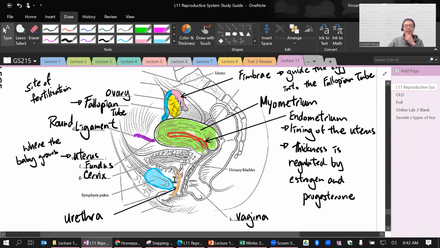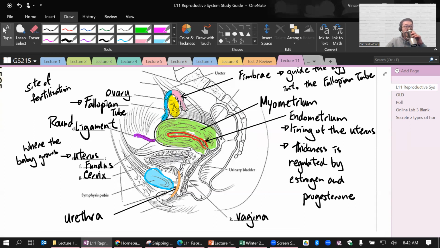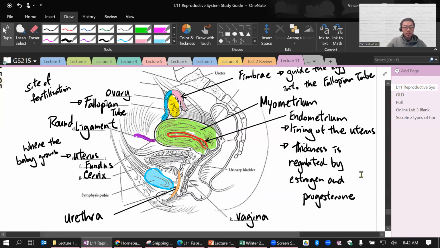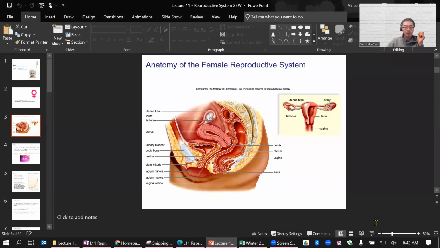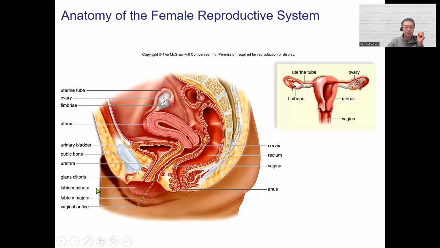So there we go. That's the female reproductive system. Any questions? What's above the urethra? Oh, this one? Oh, that's just the labia. Okay, over here, there are two flaps of skin on the outside, on the external genitalia.